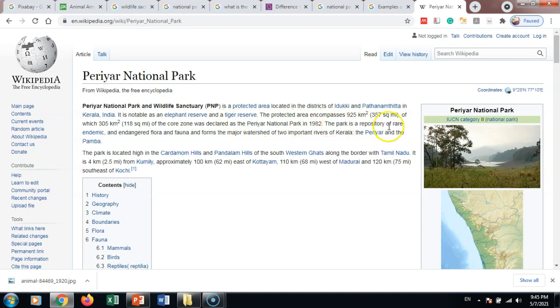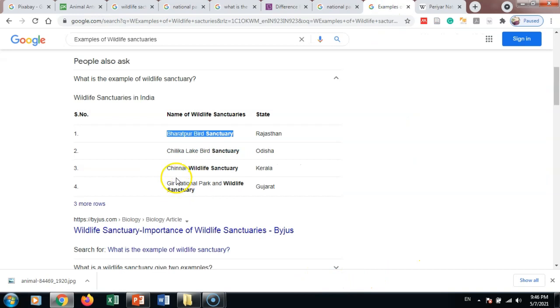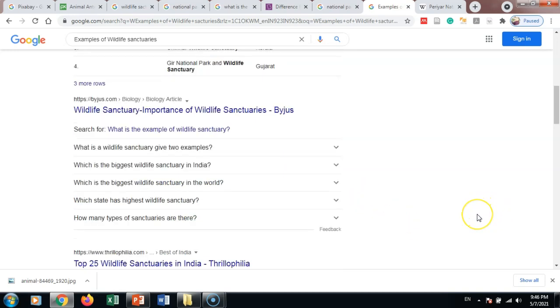The protected area encompasses 925 square kilometers. Then Bharatpur is for birds, and Chilka Lake Bird Sanctuary is in Odisha. Then Chinnar Wildlife Sanctuary is also in Kerala, and Gir National Park and Wildlife Sanctuary is also present here.